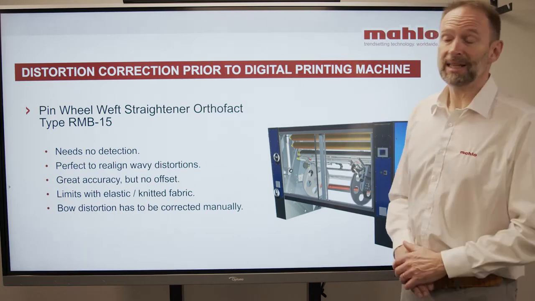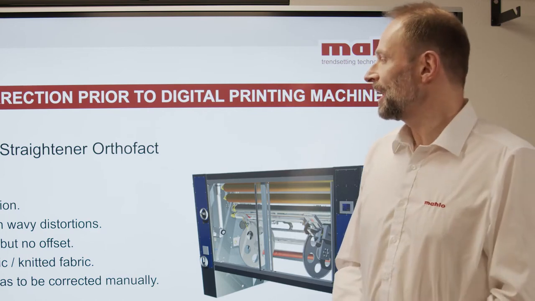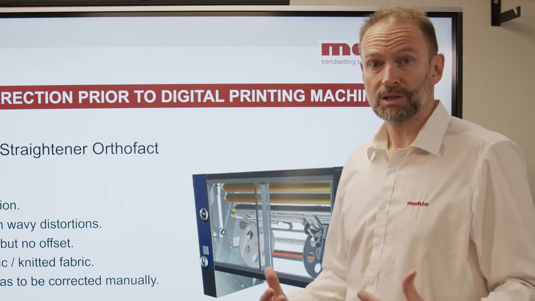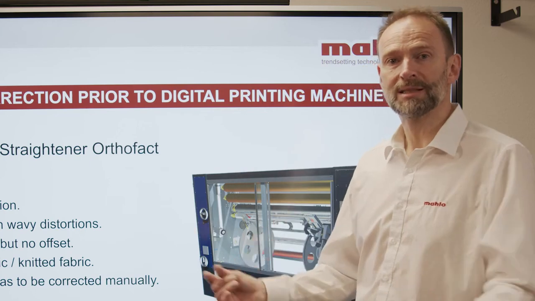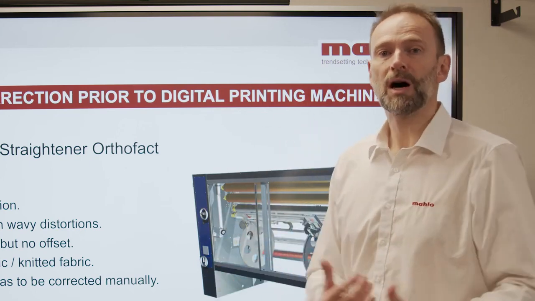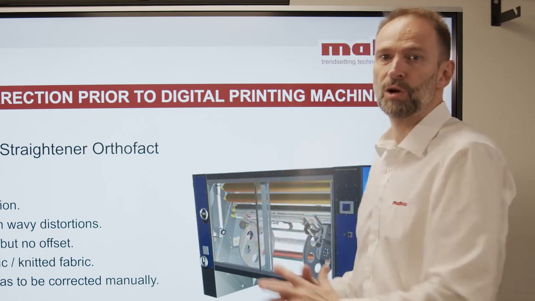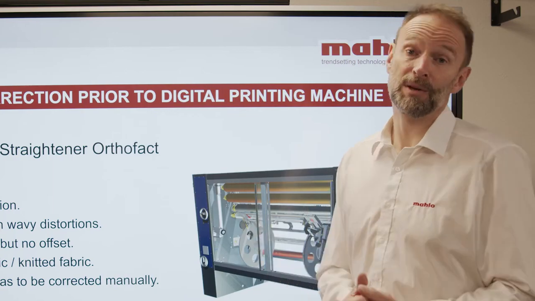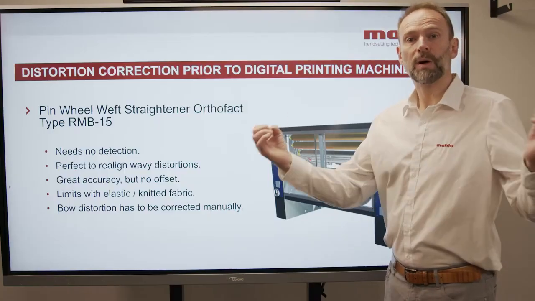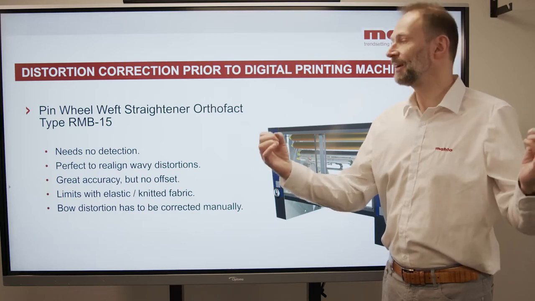It doesn't need any detection. It is really perfect to realign also wavy distortions, so S distortions, dog legs. This is the solution. No other machine, no other weft straightener will be able to solve that problem except the pinwheel, because it will always stretch even the waves, even the dog legs out of that fabric.